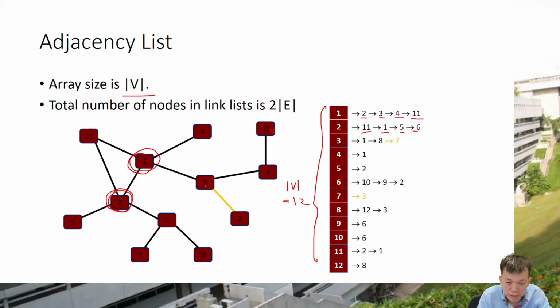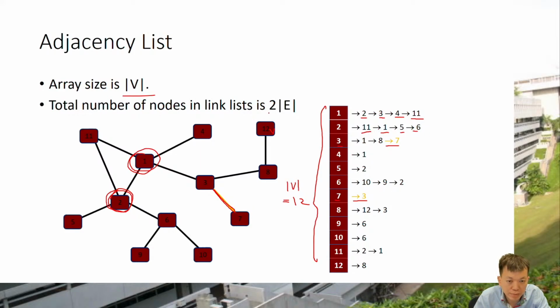This case is an undirected graph, so in the 3 slot, the linked list contains 7, and in the 7 slot, the linked list contains 3. Because 3 is adjacent to 7, and 7 is adjacent to 3, for an undirected graph.